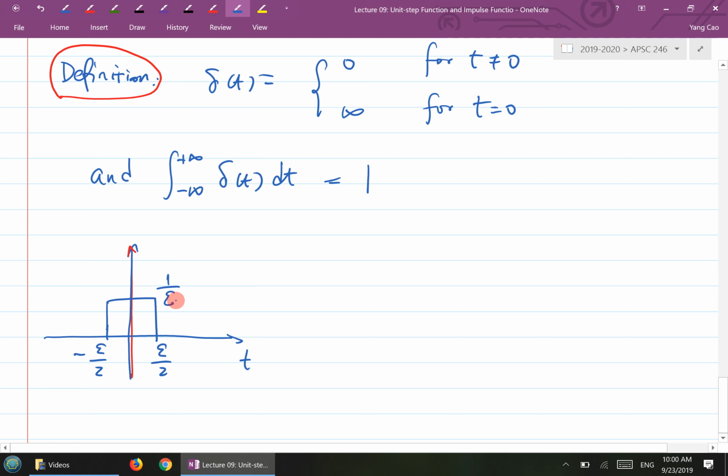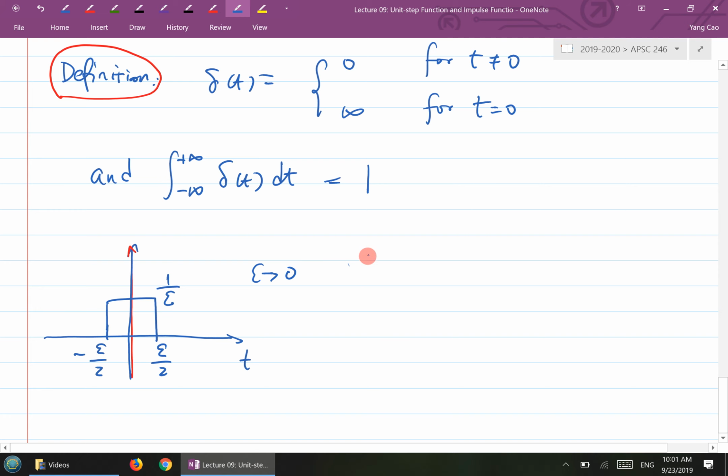So now we create a box here. Next, we're going to let epsilon go to 0, shrink it, make it smaller and smaller. If we do this, you can visualize what's going to happen.